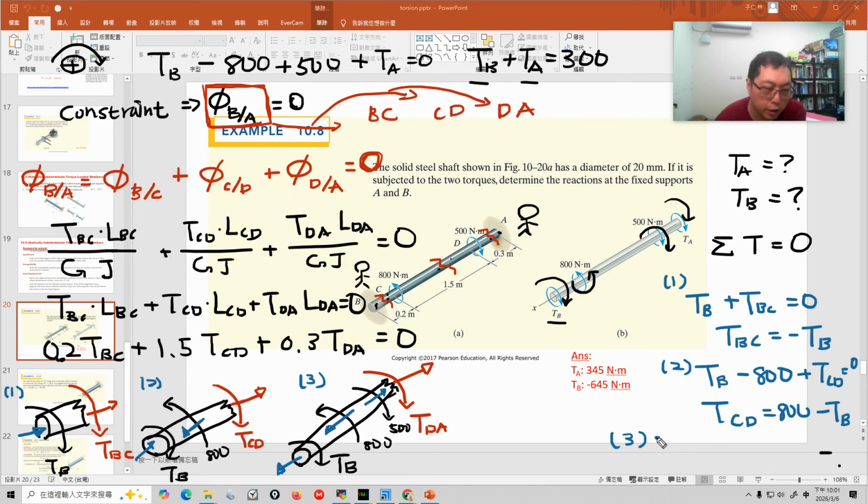So it's TB minus 800 plus 500 plus TDA is equal to 0. So you get TDA equal to 300 minus TB.